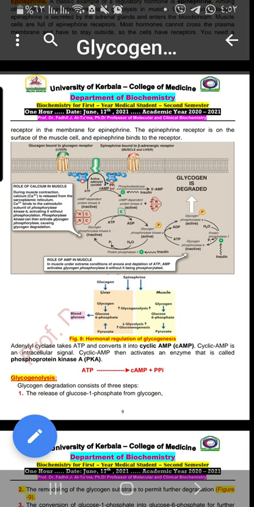In this reaction, the alpha-1,4 glycosidic linkage between the blue and the green residue is broken, and a new alpha-1,4 glycosidic bond between the blue and yellow residue is formed as shown in this figure.